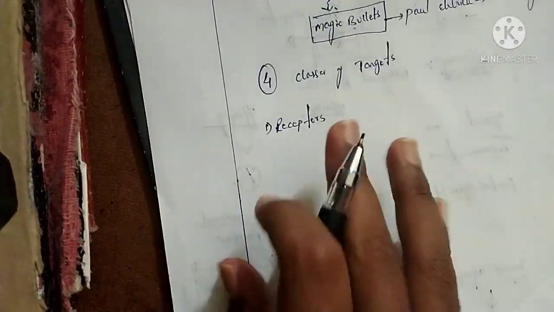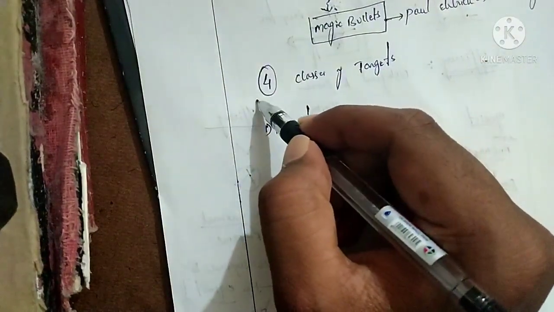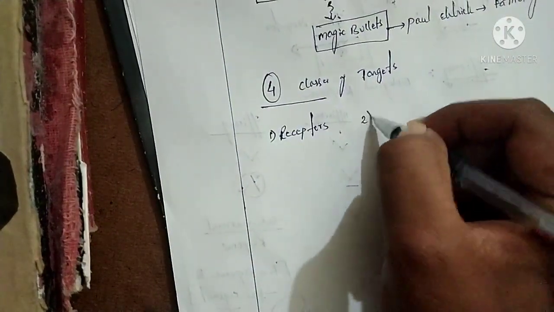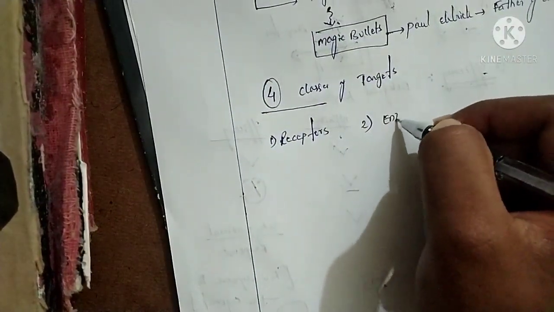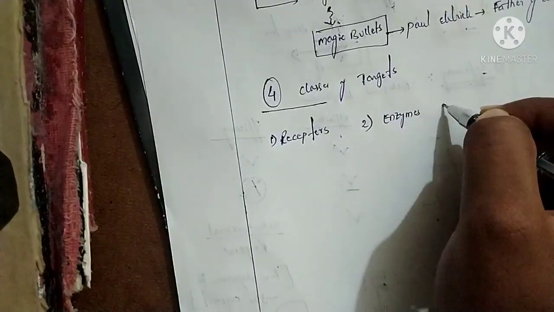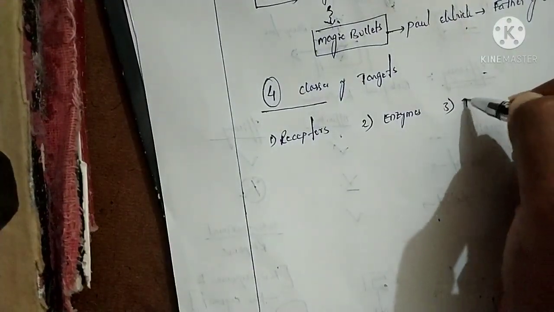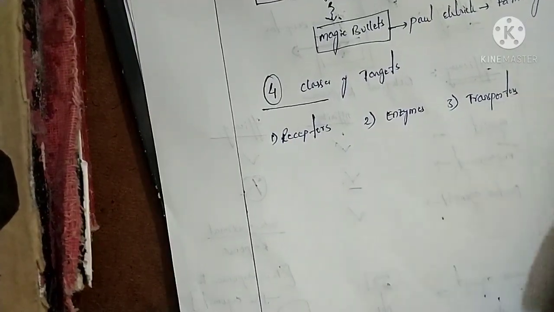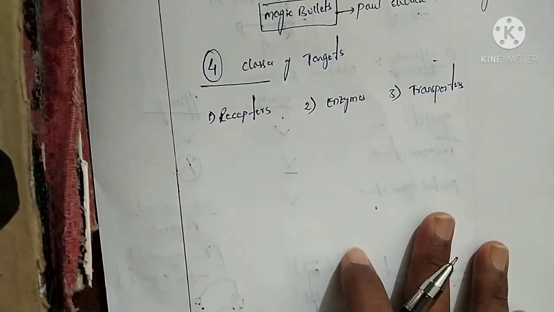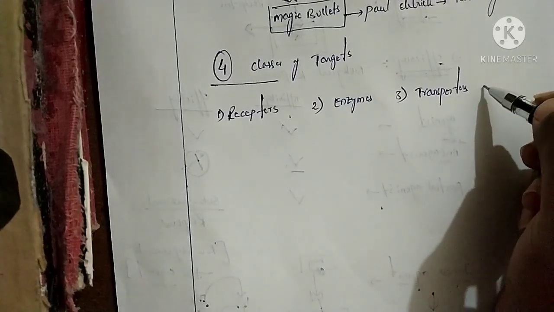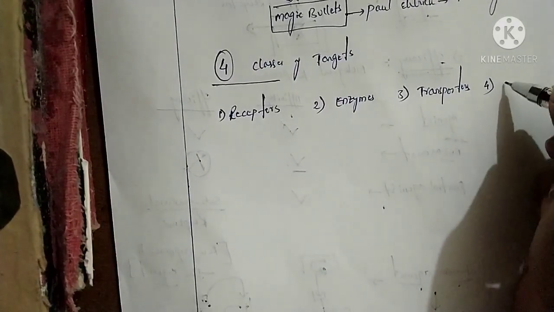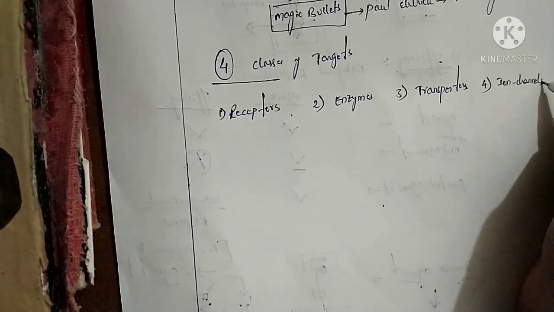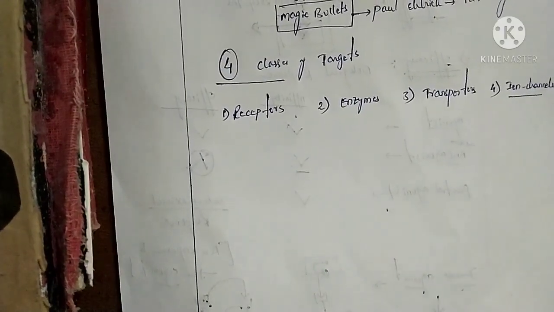First we are looking at what those four classes are. The first one is receptors, the second one is enzymes, the third one is transporters, and the fourth one is ion channels.